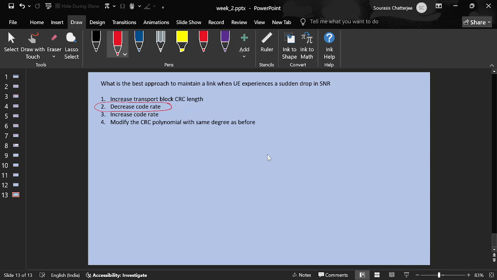HARQ, fragmentation and defragmentation happen at MAC layer, right? Fragmentation happens in the radio link layer, right? The transport block is the entity at MAC layer, right? Transport block is the entity at MAC layer. True.